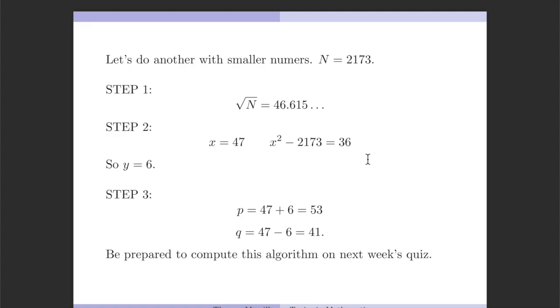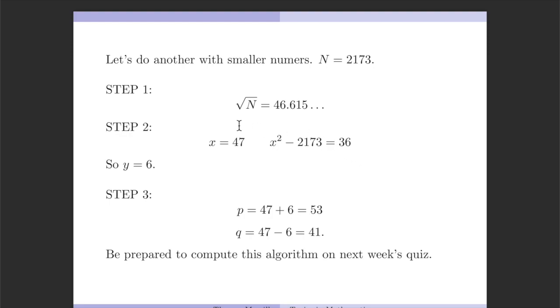Let's try another one, just as an example. I'll pick a smaller number to work with. My n this time is going to be 2,173. Step number 1, I calculate the square root of n. I get 46 and change.